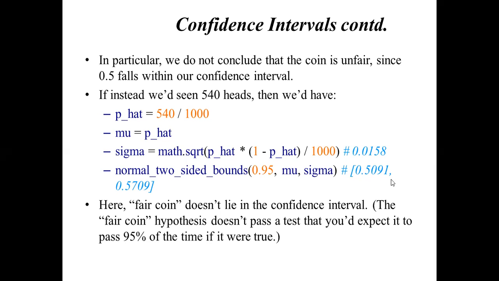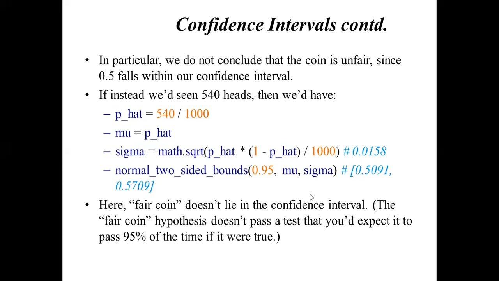These two normal bounds are 0.591 and 0.5709. The value we are testing doesn't fall within this range, so we cannot achieve 95% confidence. If the value lies within this minimum and maximum, the confidence interval, then the test is passed.